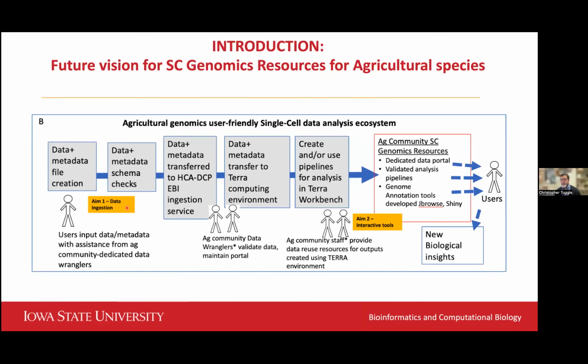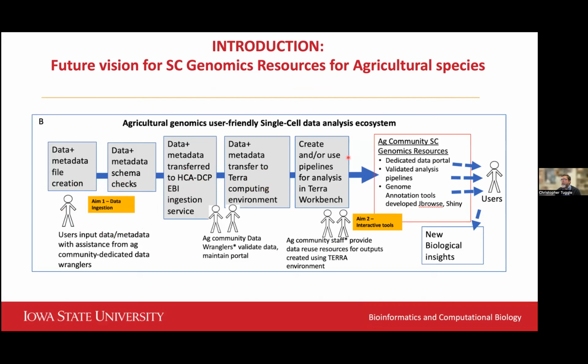This is a diagram of what we would call our future vision. We had 2 aims in our project. One is to demonstrate via a small number of data sets whether we can bring the data in and ingest it into the HCA DCP, which would then allow the data to be automatically transferred to the Terra computing environment.